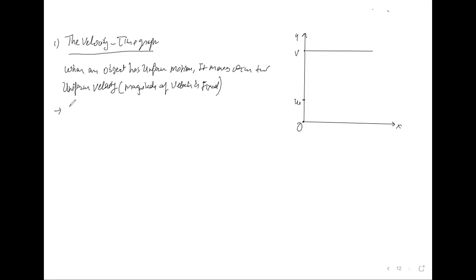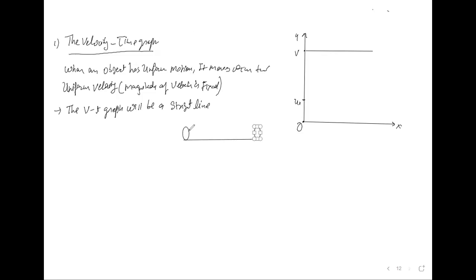First, let me complete. The velocity time graph will be a straight line. So for an object which is moving with uniform velocity, suppose that this is the motion and the object started from this position and stopped at this position.